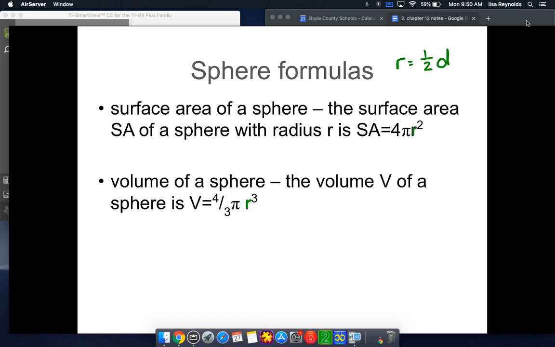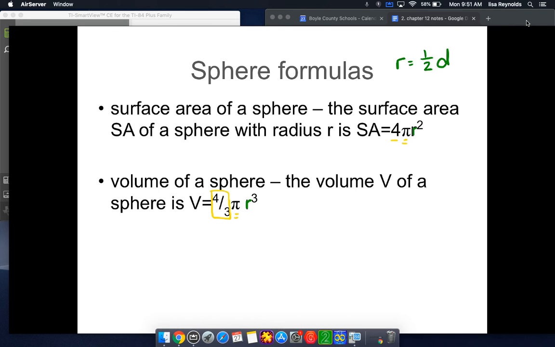Our surface area is 4 times pi times the radius squared. And the volume of the sphere is 4/3 pi times the radius cubed. So surface area just uses a 4 and the pi, and the volume uses 4/3 and pi.